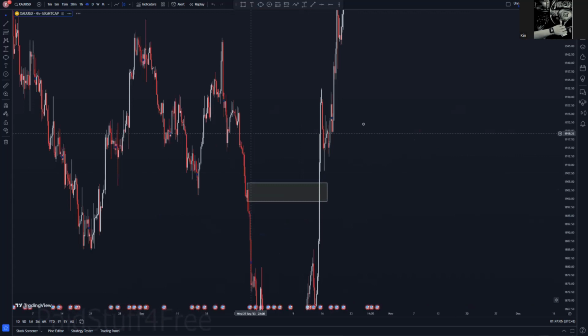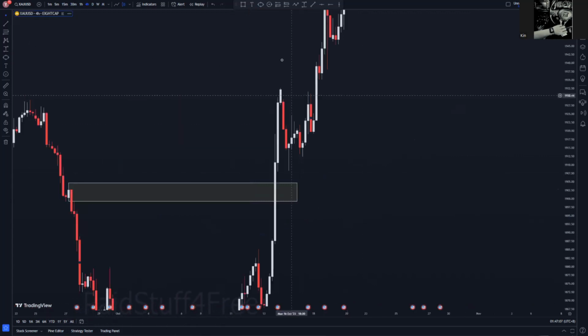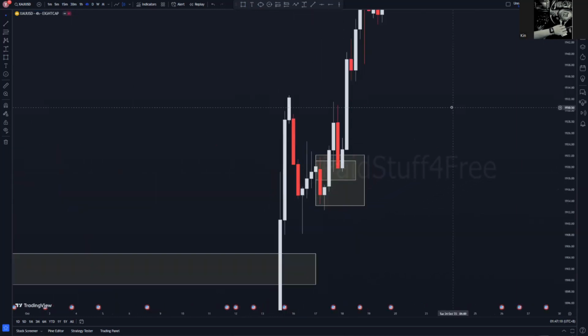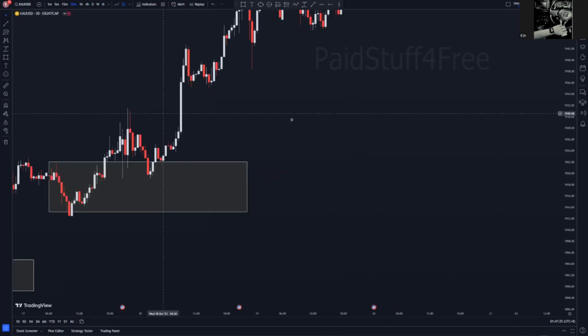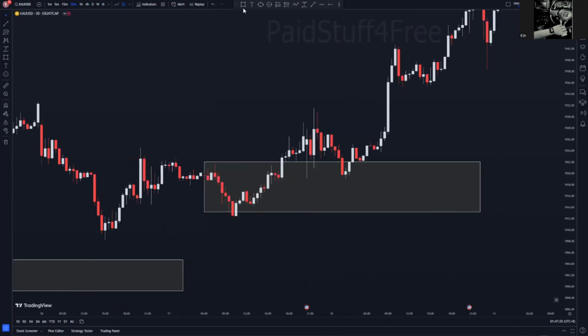So look over here. Why did the price respect this engulfing buy? Or if you want to mark it like this as EG buy, there is no problem with that. When the price got into this engulfing buy, when we zoom into the M30, look over here, the price created this EG buy.